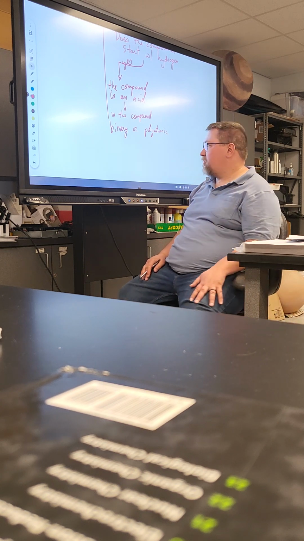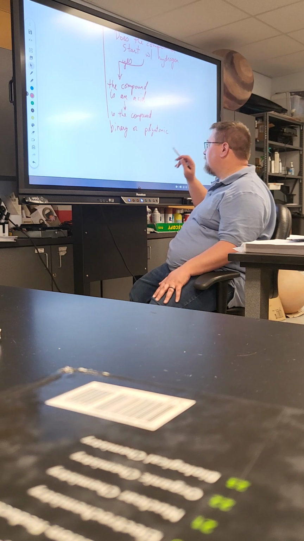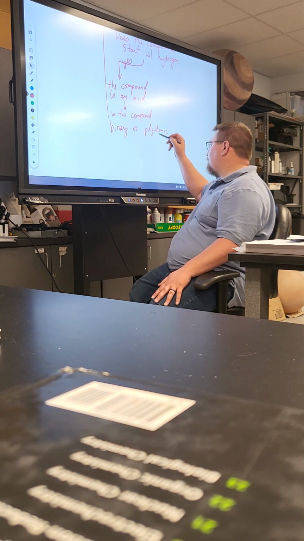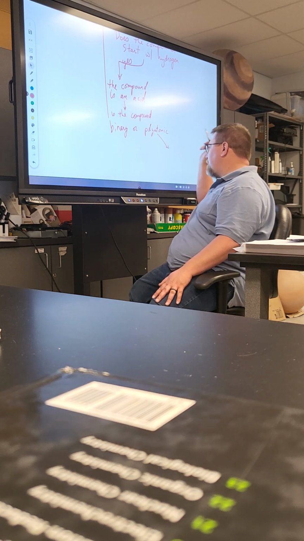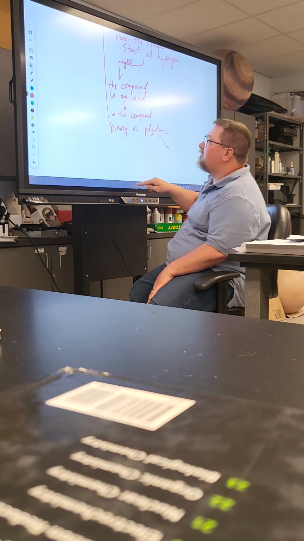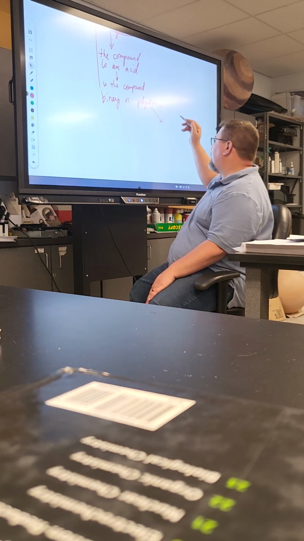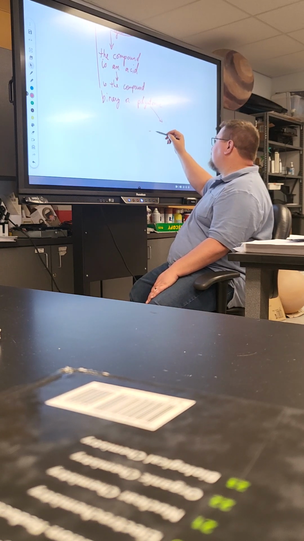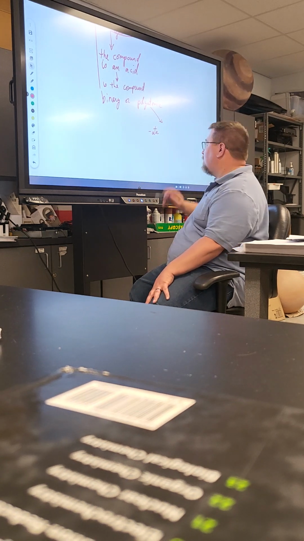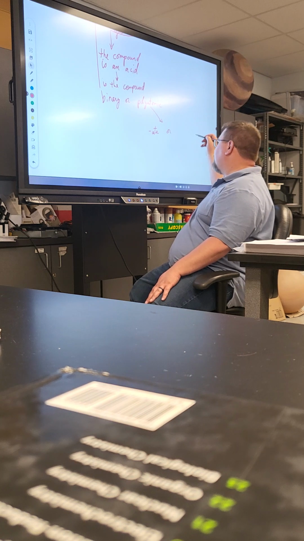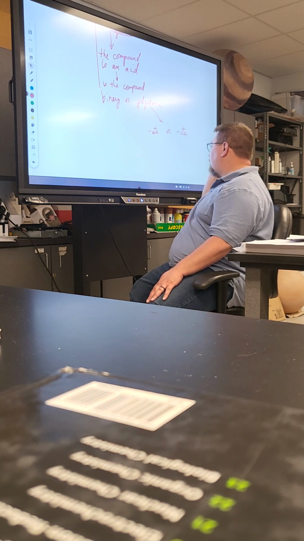Okay? So let's do polyatomic first. If a compound is polyatomic, then you're going to have to identify, does it contain the ate form of the ion, or does it contain the ite form of the ion?